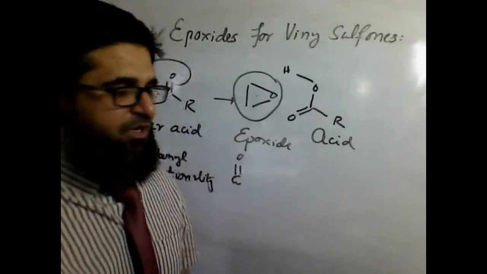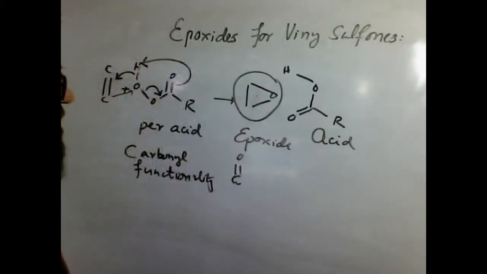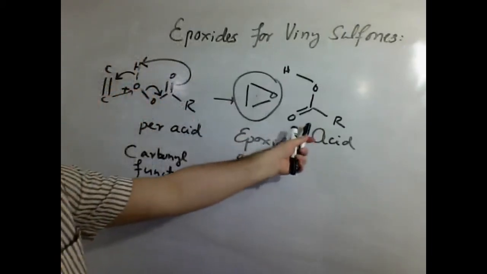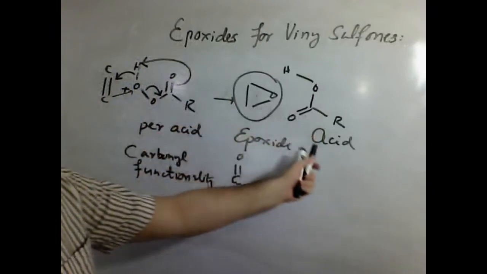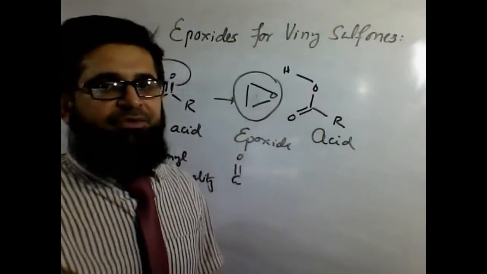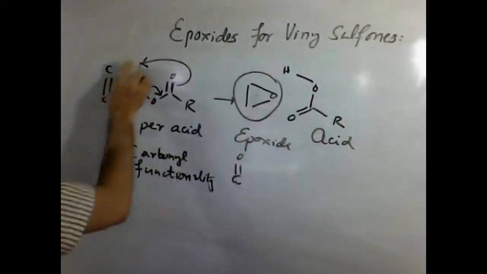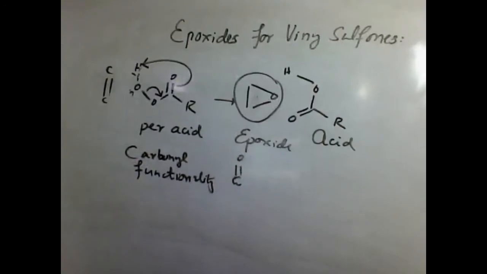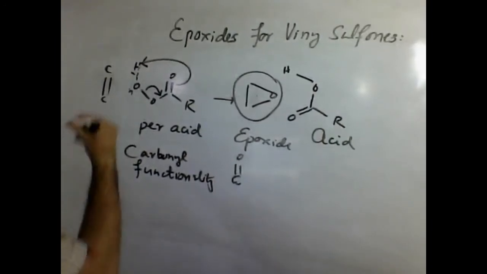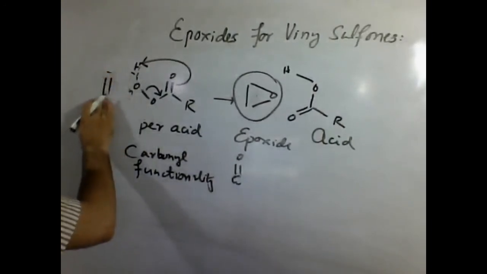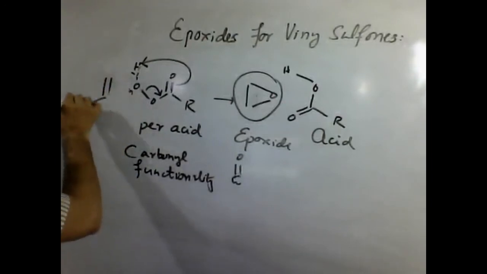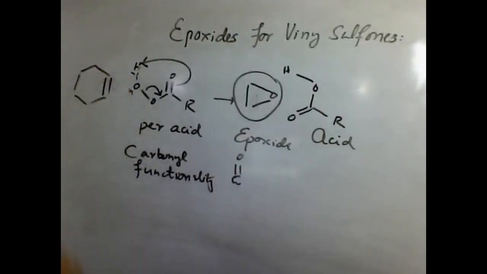The peracid has undergone a sort of reduction. Peracid has been converted into a simple acid. This will be the product. And again, as I've just told you earlier, the alkenes could be the simpler alkene as I've just written, or they could be in the form of rings.